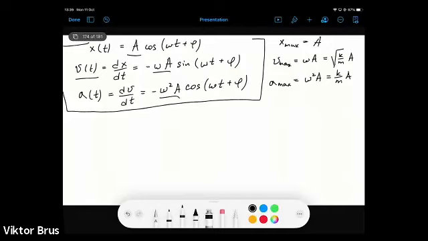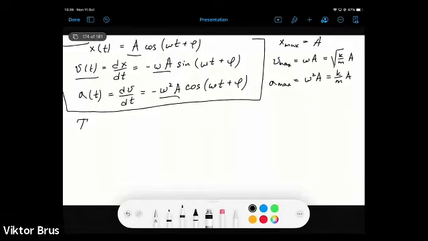One more thing we need to consider for today is the period of this motion. There is some capital T, and that is the time interval during which the particle goes through the whole cycle of simple harmonic motion.